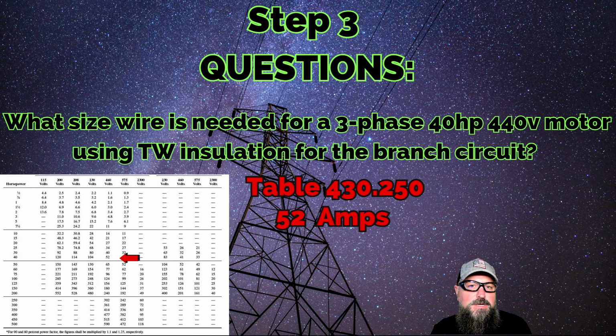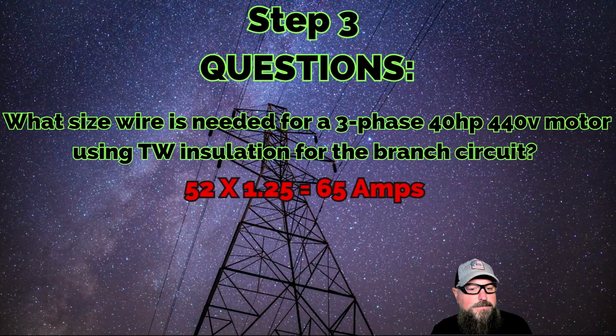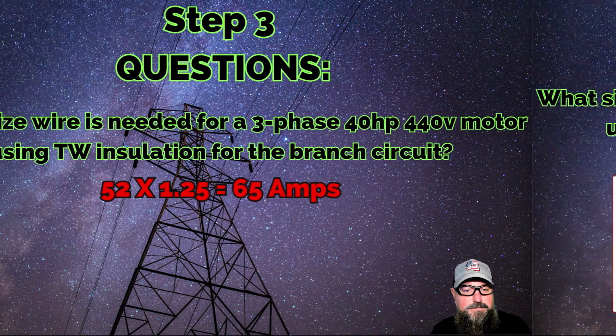This is a 3-phase motor, so you're going to use table 430.250. You're just going to go down the line, find 40 horsepower, and then go over to 460 volts. That gives you 52 amps. You take 52 times 1.25, and you get 65 amps.